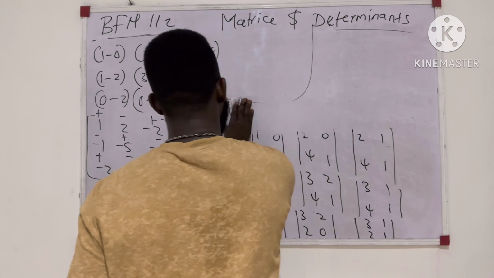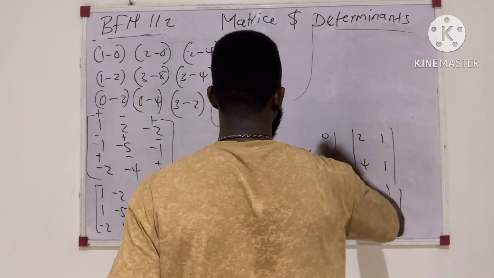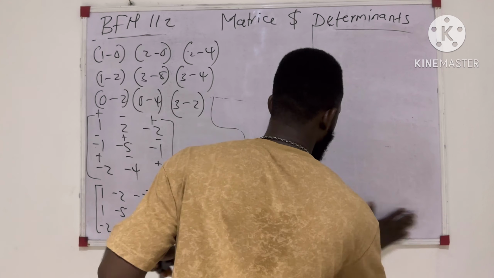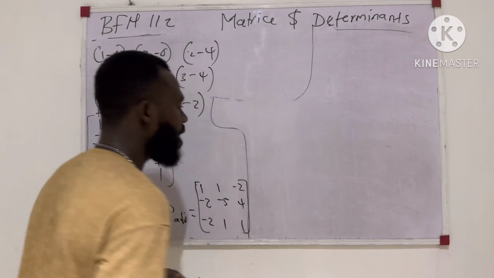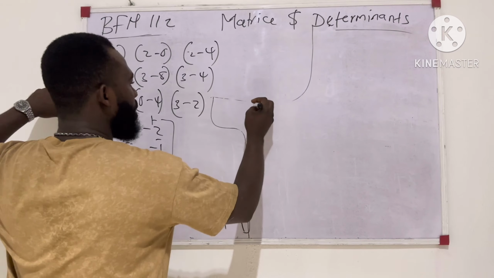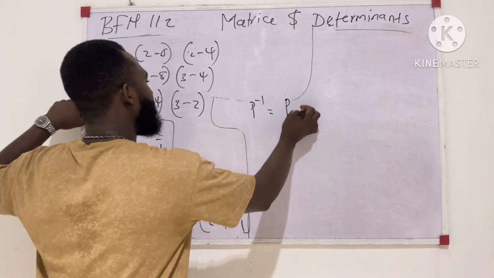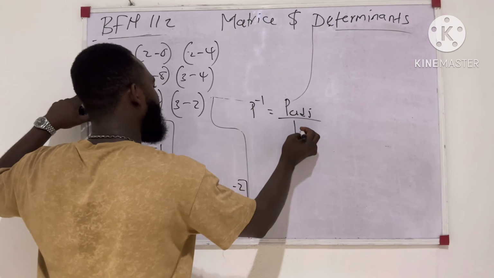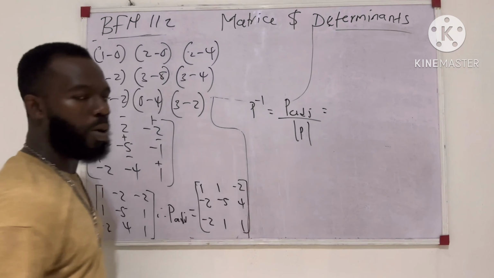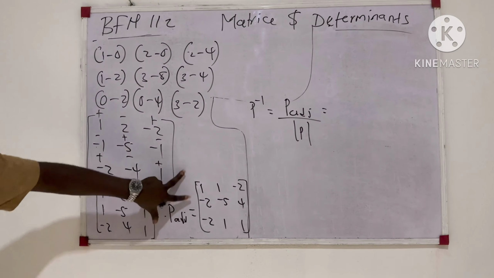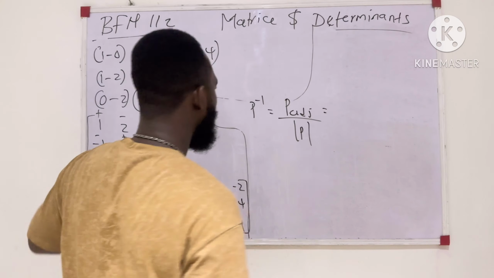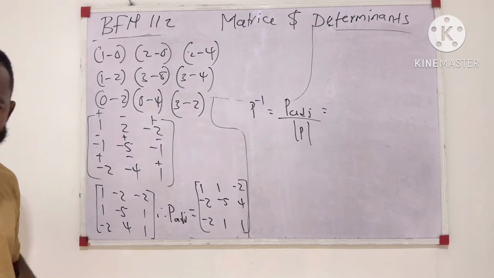Therefore class, the inverse of P, which says P adjoint over determinant of P, becomes, the P adjoint now is this matrix. Our determinant of P, what's our determinant of P just now?